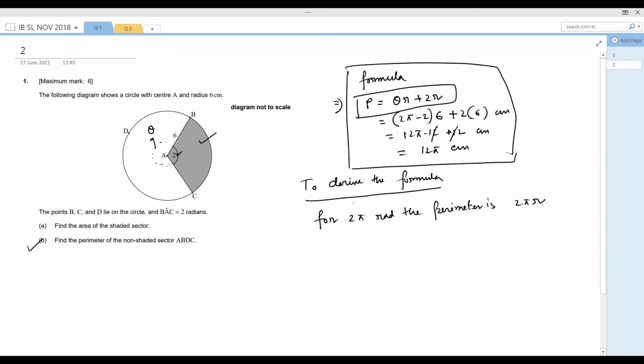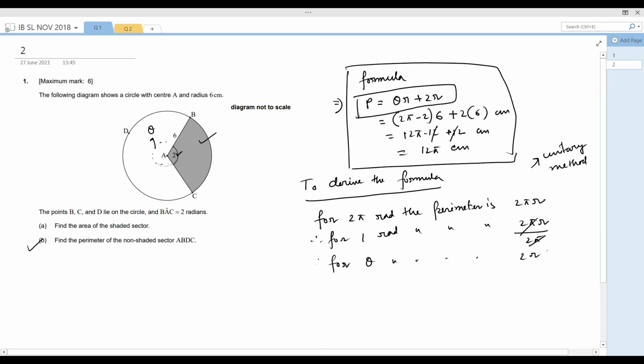So for 1 radian, the perimeter is 2 pi r divided by 2 pi. Again we are using the unitary method. Cancelling out 2 pi, for theta radian, the perimeter is r into theta.